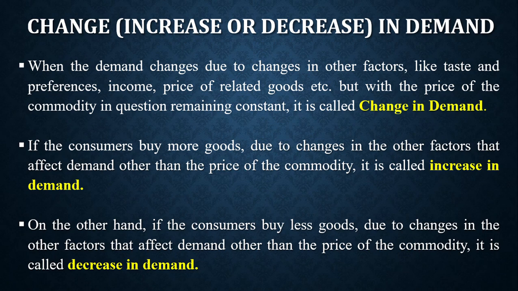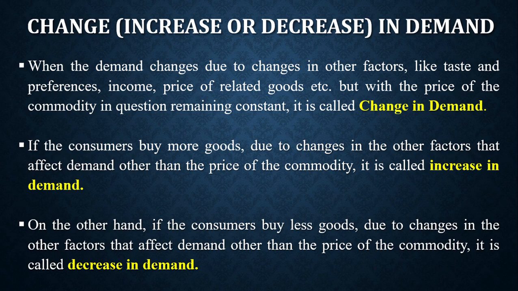So for this one, the price of the commodity in question has not changed, but the quantity demanded has changed as a result of change in taste and preference, change in income, change in price of related commodities and others. That is called change in demand. The first one we looked at, when there is a change in price, is change in quantity demanded, and this one, when the price is constant but other factors change, is called change in demand.